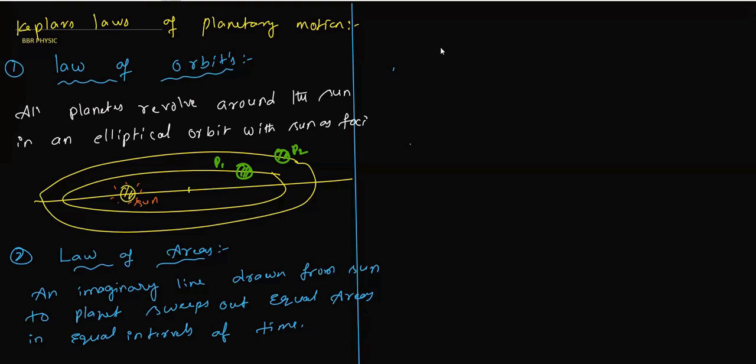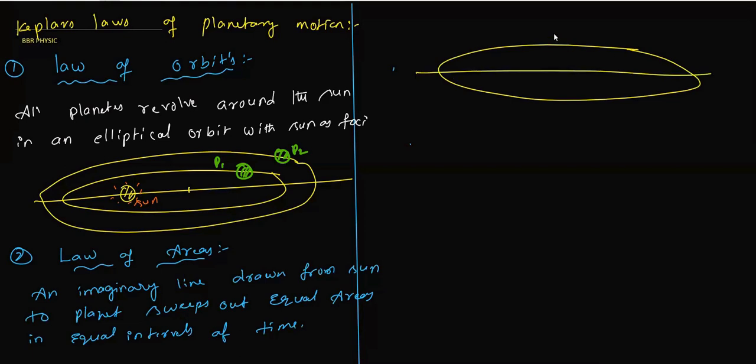So if you take one diagram here, we're having one ellipse, with semi-major axis and semi-minor axis. The semi-major axis distance we are taking as A. And if we assume the sun is here, this is what happens: when the planet is going here, it is sweeping this much area.